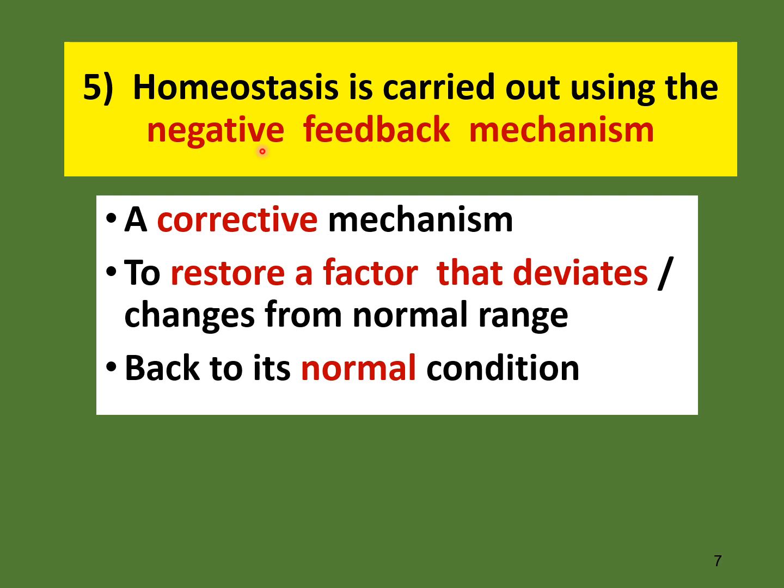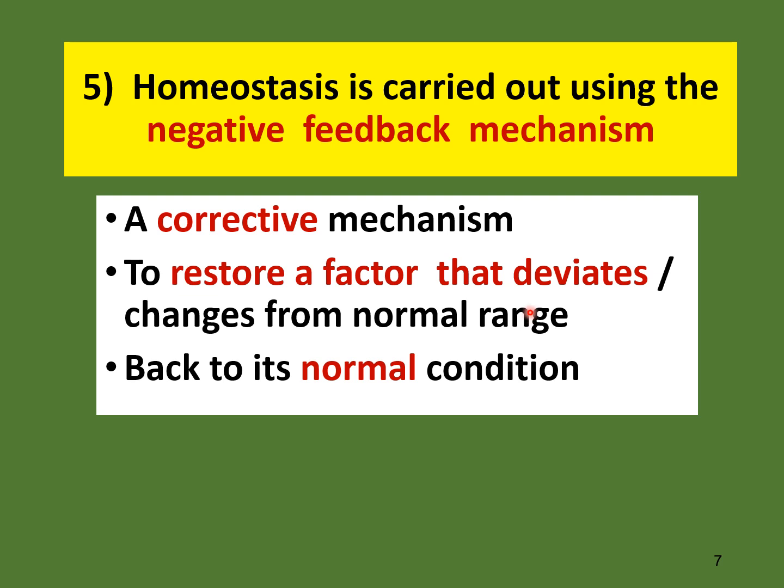You have to take away that condition. So a negative feedback mechanism is a corrective mechanism. It seeks to correct something, to restore a factor that deviates. For example, temperature may have deviated or changed from its normal range.